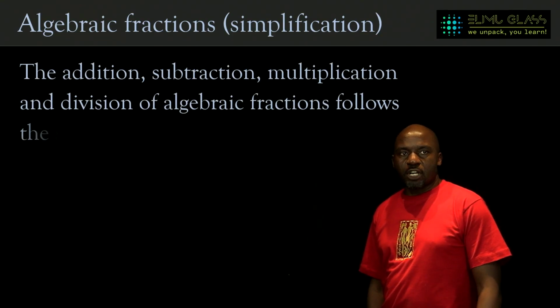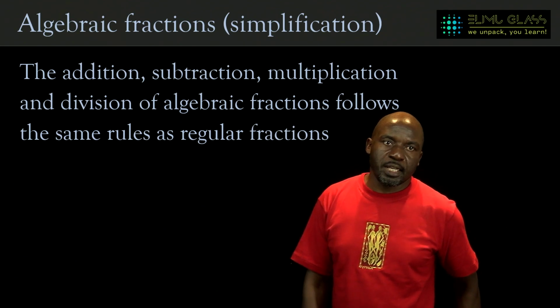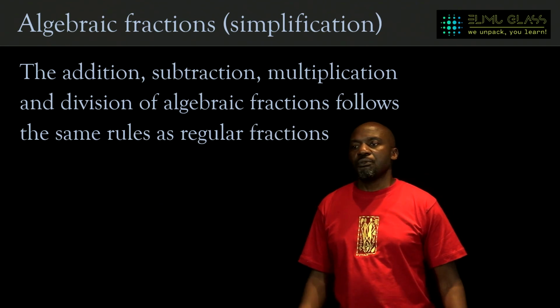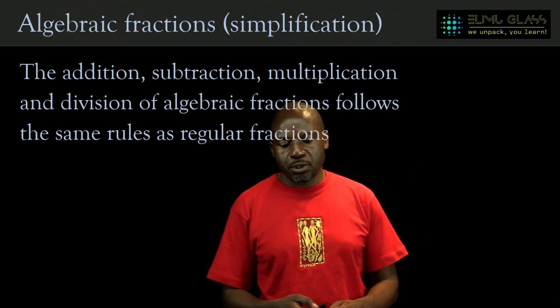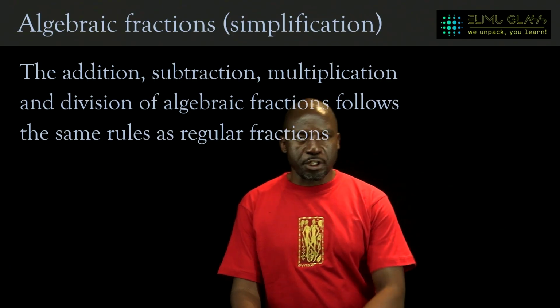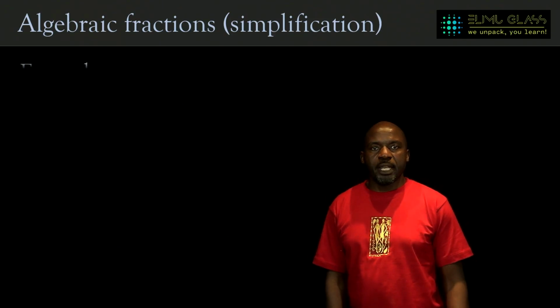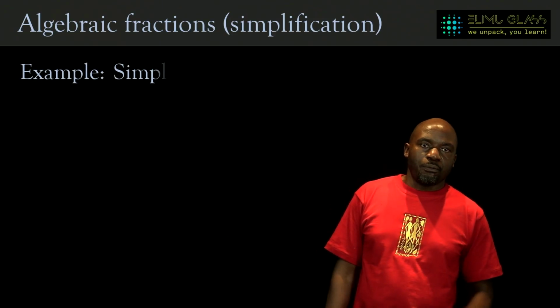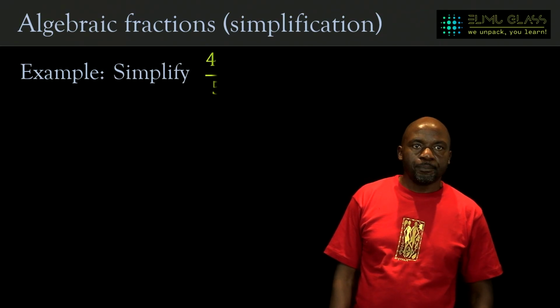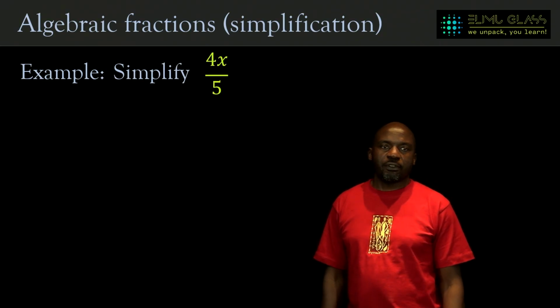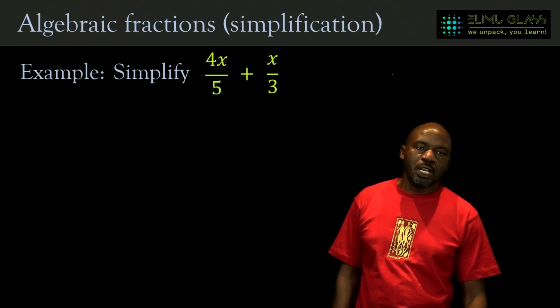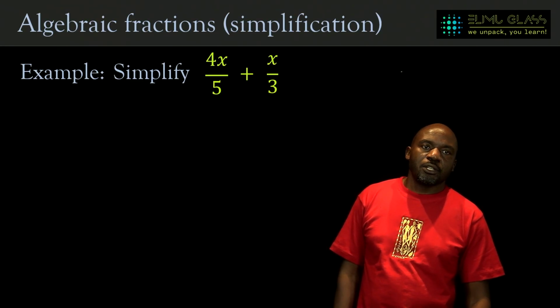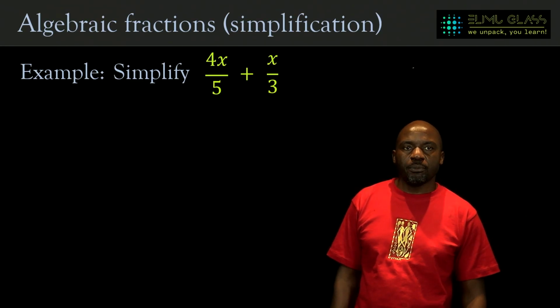The addition, subtraction, multiplication, as well as division of algebraic fractions follow the same rules that we use with normal fractions. What do we mean? If we wanted to add two fractions, so 4x over 5 is an algebraic fraction, and we wanted to add that to x over 3, which is another algebraic fraction.